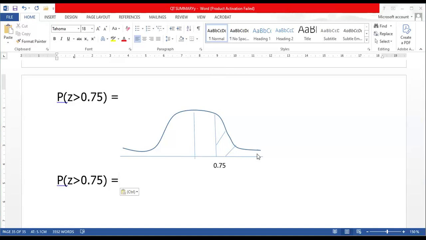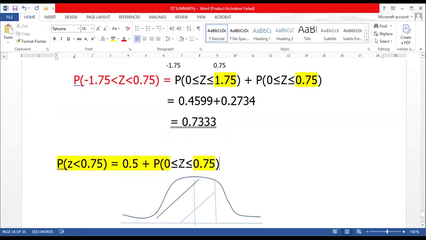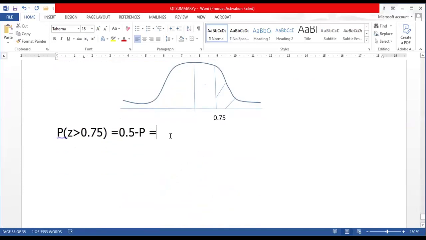From here to infinity is 0.5, then I remove the unwanted region, from here to here, which you get from the table.